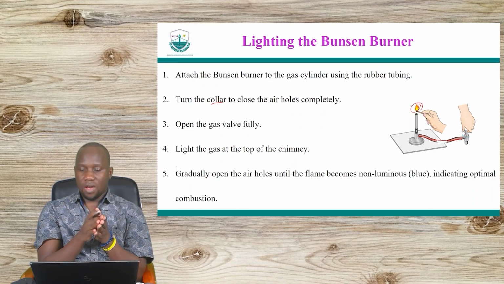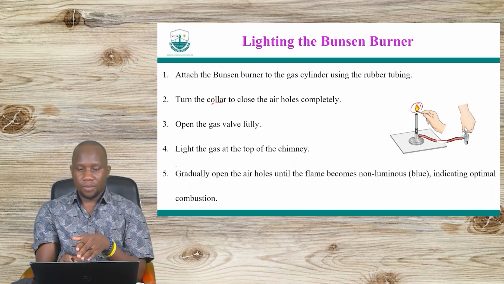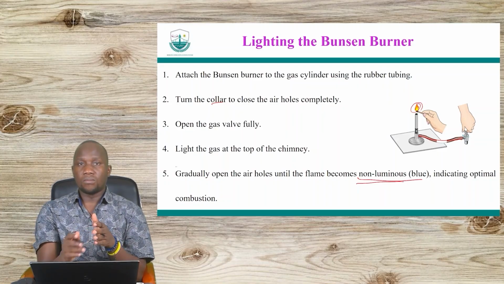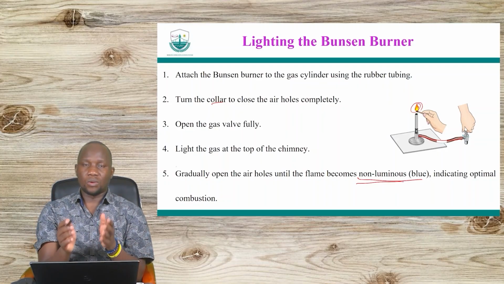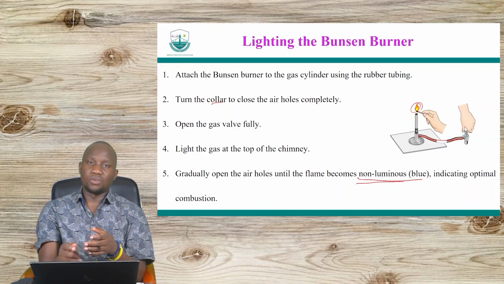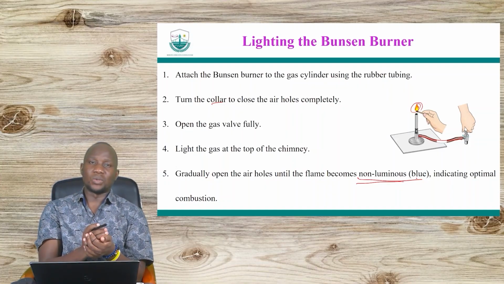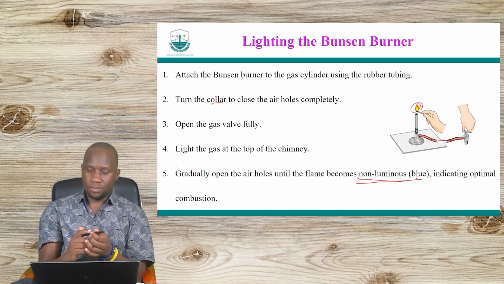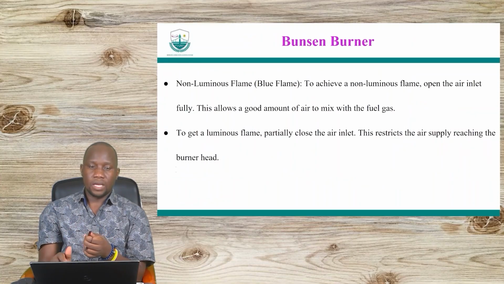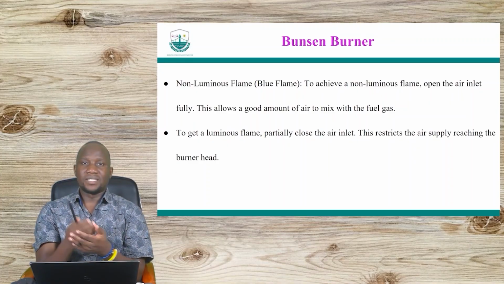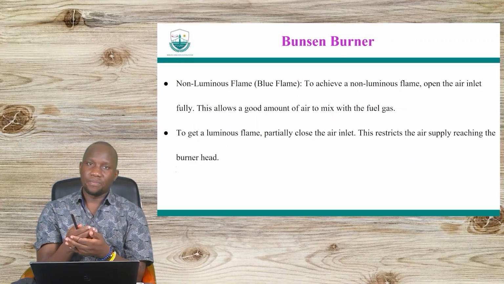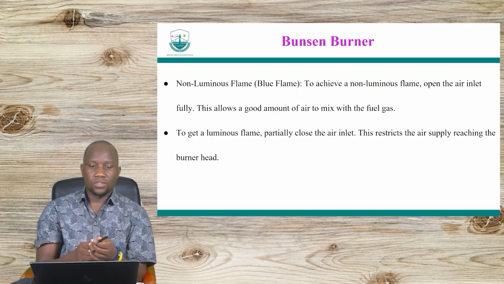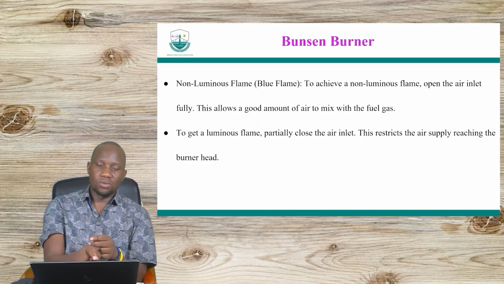Remember, if you have enough oxygen, usually you will have a blue flame, and if you have limited oxygen, you have what we call a luminous flame, which is yellow. So this is what we are saying, that the Bunsen burner can produce a luminous flame and also a non-luminous flame. The non-luminous flame is what we call the blue flame.